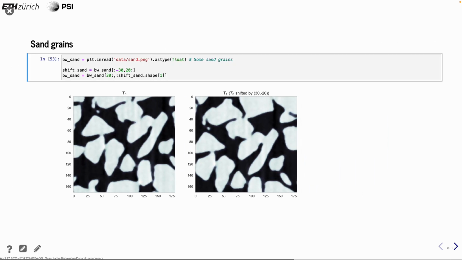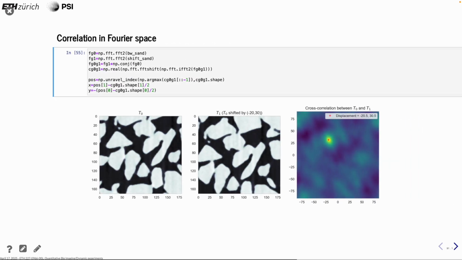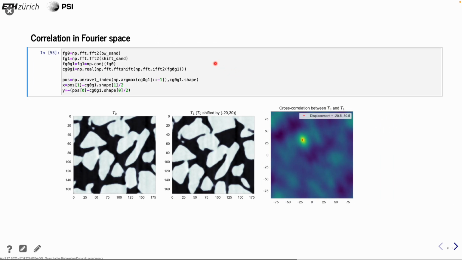Then we can look at the sand grains, and in this case, we have a larger image. Let's try it with the Fourier transform, and we do the same kind of code as we did before, only that it is now in 2D, and we get the displacement. It was shifted -20, +30, and here we have half a pixel shift, which is probably just because of the pixel resolution that we have.